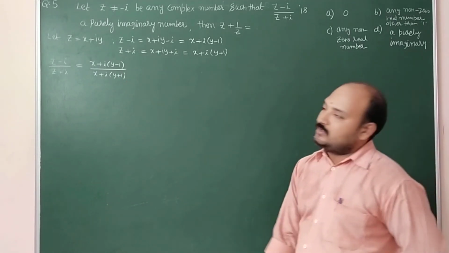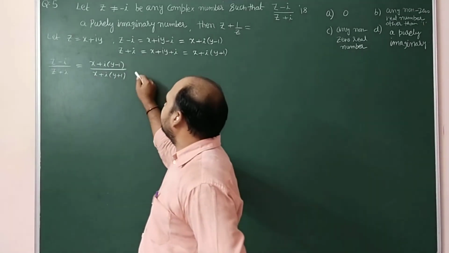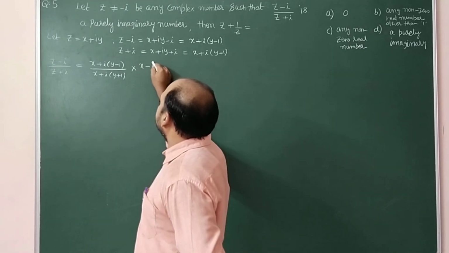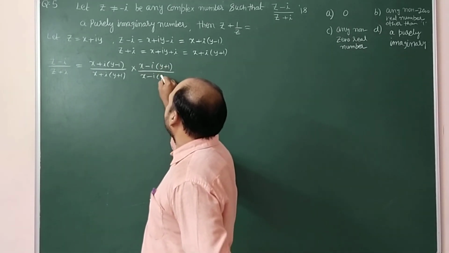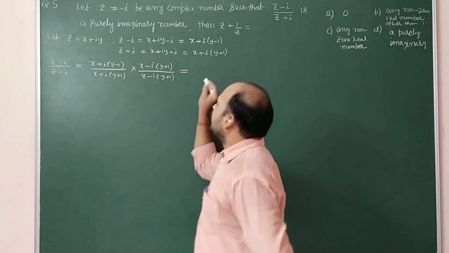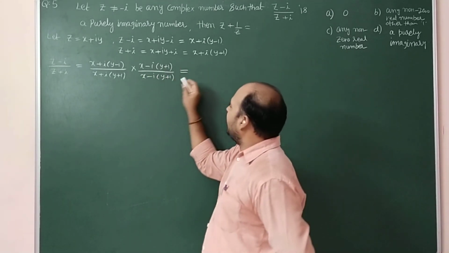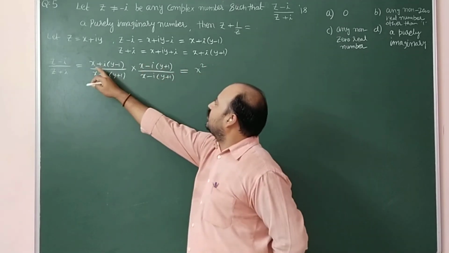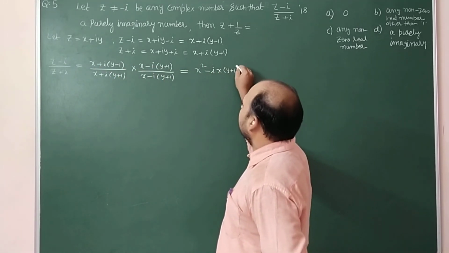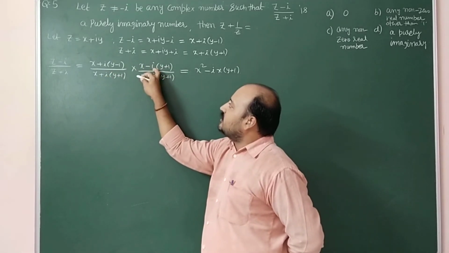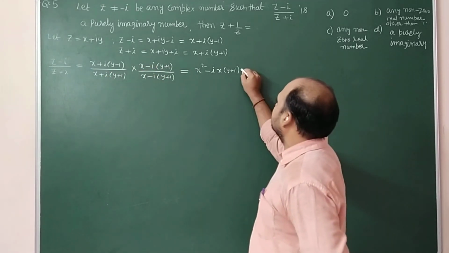After that, what is the complex conjugate of the denominator? Multiply by x minus i(y plus 1) divided by x minus i(y plus 1), which is equal to actual multiplication in the numerator: x into x, x square, minus i into x into (y plus 1), i into i square into minus is plus.